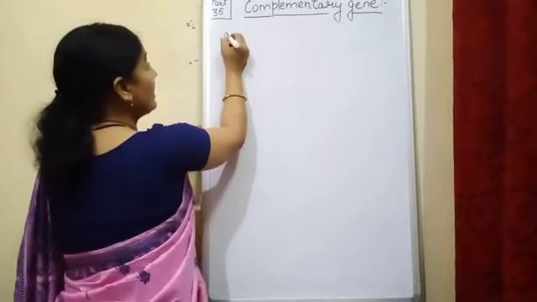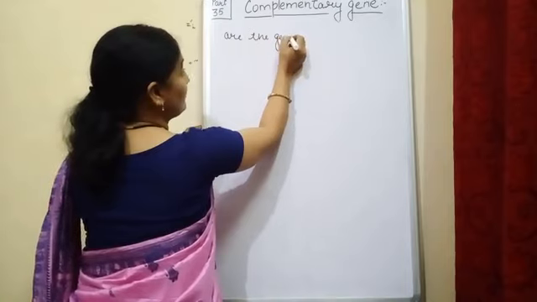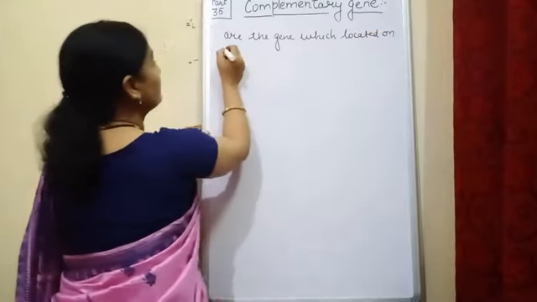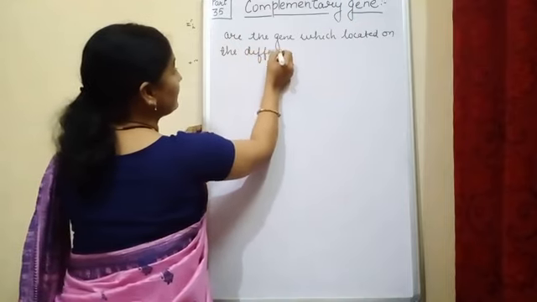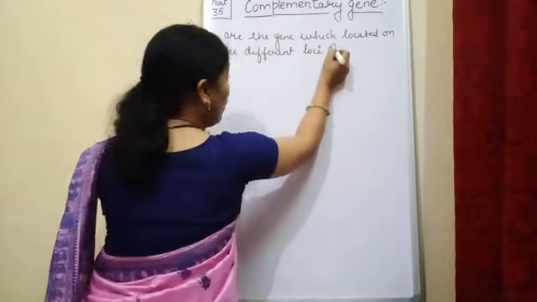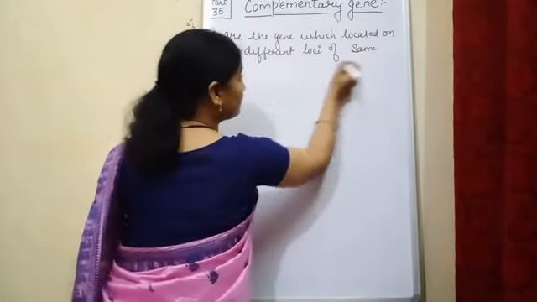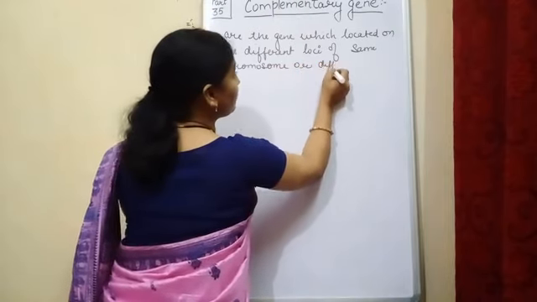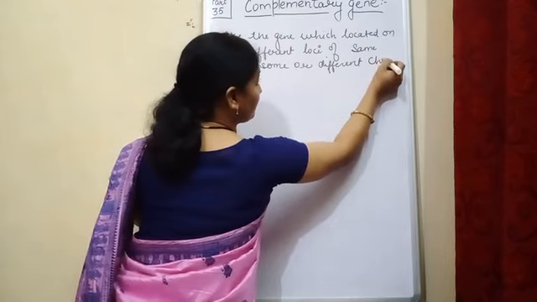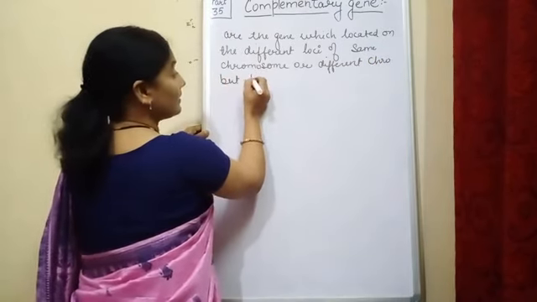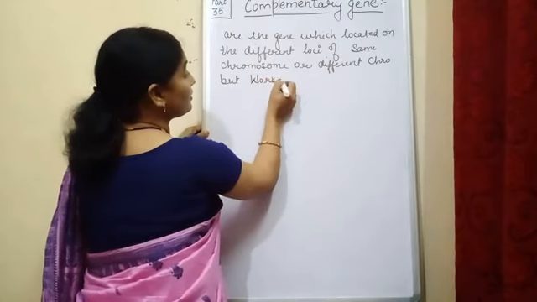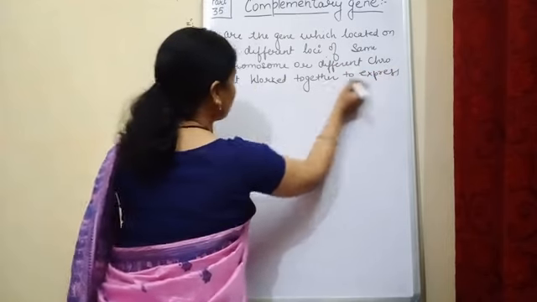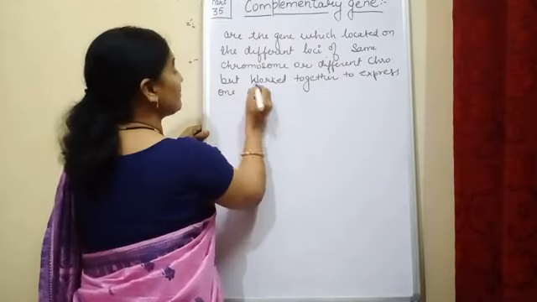Complementary genes are the genes which are located on different loci of the same chromosome or different chromosomes, but they all work together to express one phenotype, or the same phenotype.